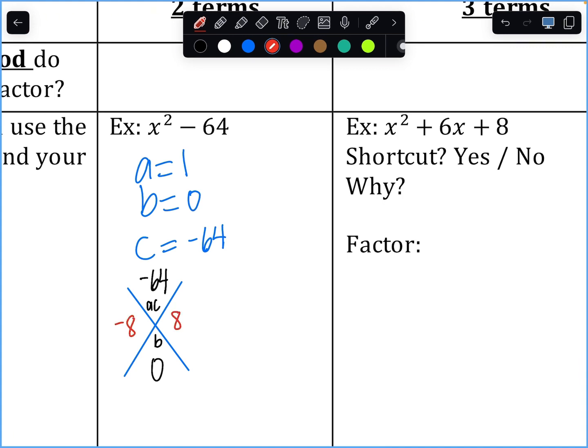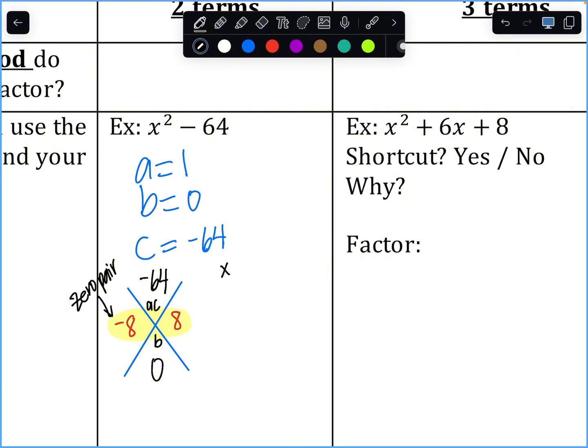-8 times 8. That gives you -64, and they add to 0. We found the 2 numbers. So in other words, these magic numbers are going to be a 0 pair. A pair is when you have 2 things, and 0 means when you put them together, -8 plus 8 makes 0.